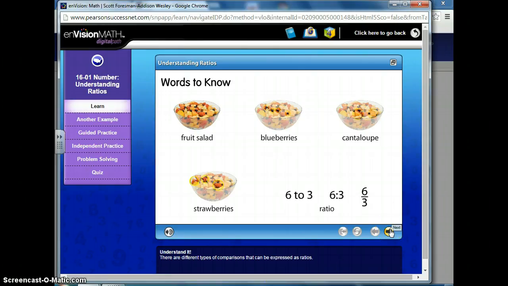Can you think of a ratio in real life? A real life example of a ratio? Yeah, Austin. You have like 10 to 1, or 25 to 2.